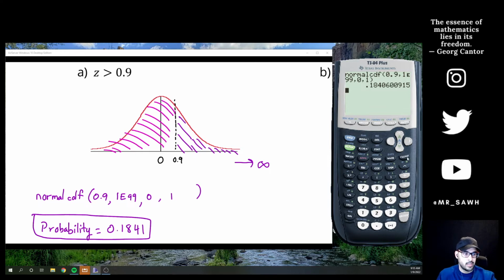So I could find out what that is pretty easily if I do 1, which is the total, and subtract the probability that I know, 0.1841. I know everything in pink then, all of the other stuff. This should tell me that 81.59% of data lies in that pink region, because I know that 18.41% must lie in the purple. In total, they have to add up to my 100%.